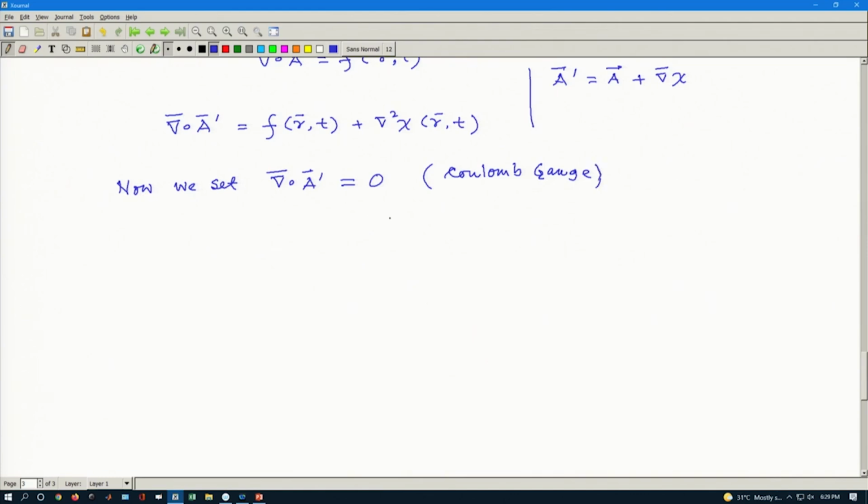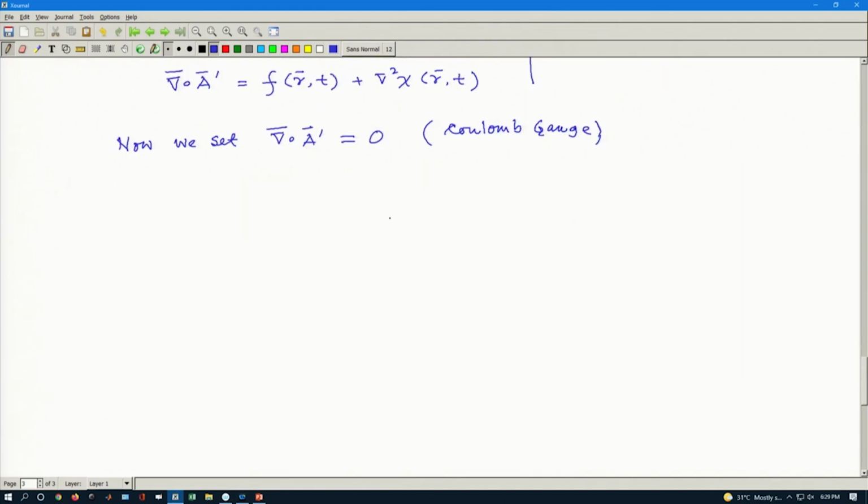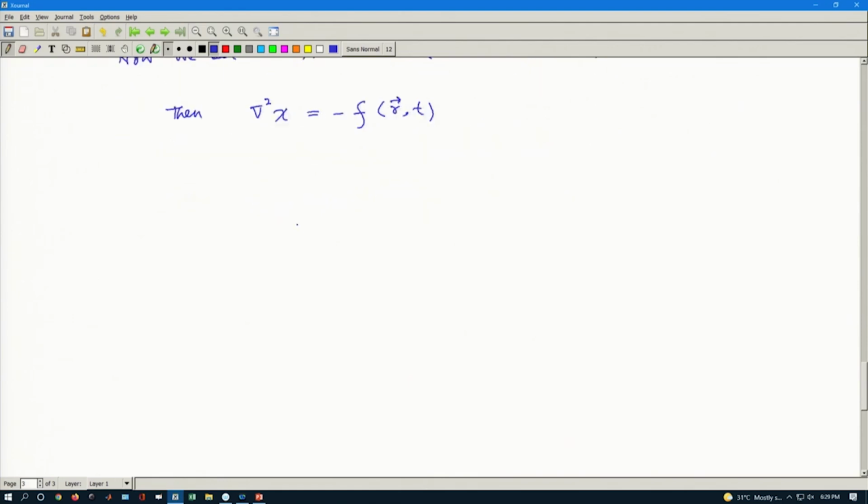So that we set. If we set that, then I can have an equation that the chi has to satisfy, an equation like this, and I have a freedom to choose my chi. Mind it, chi is in my hand.